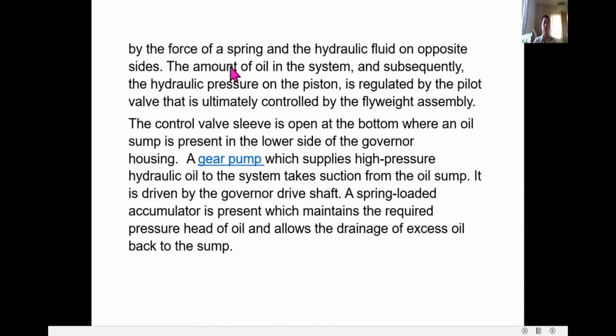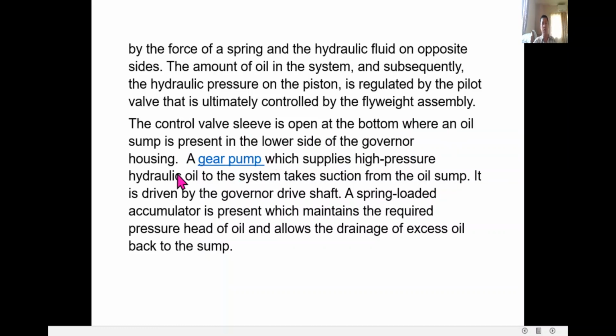The amount of oil in the system, and subsequently the hydraulic pressure on the piston, is regulated by the pilot valve that is ultimately controlled by the flyweight assembly. The control valve sleeve is open to the bottom where an oil sump is present in the lower side of the governor housing.